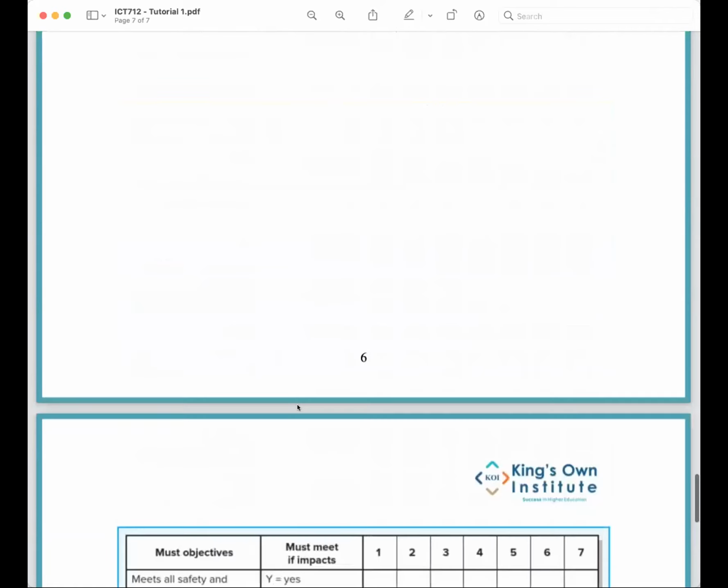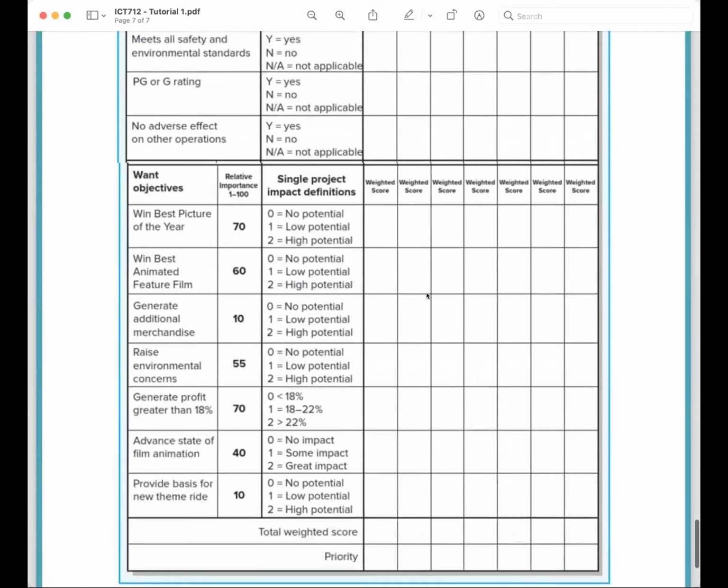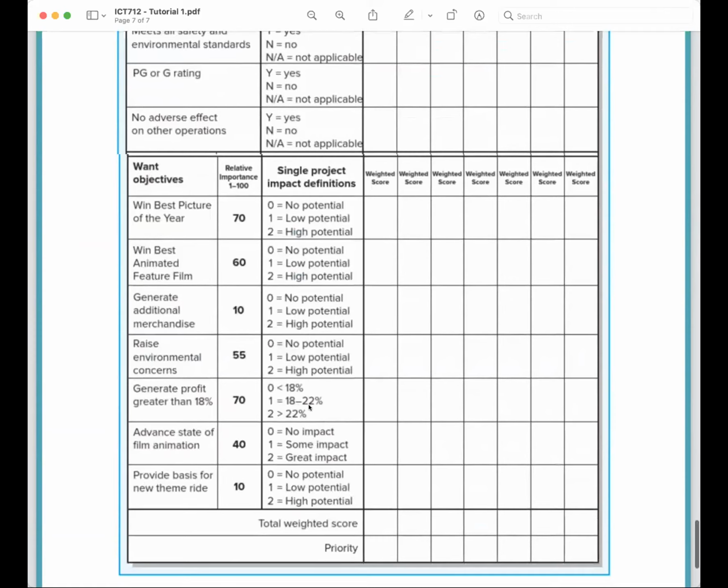Let's think about project 7. How much return is it going to give me? Is it going to give me a high return or a low return? There's an 80% chance it's going to be a 9% return. 50% chance it's going to be a 15% return. So can you tell me, based on that, would you give it a 0, a 1, or a 2?